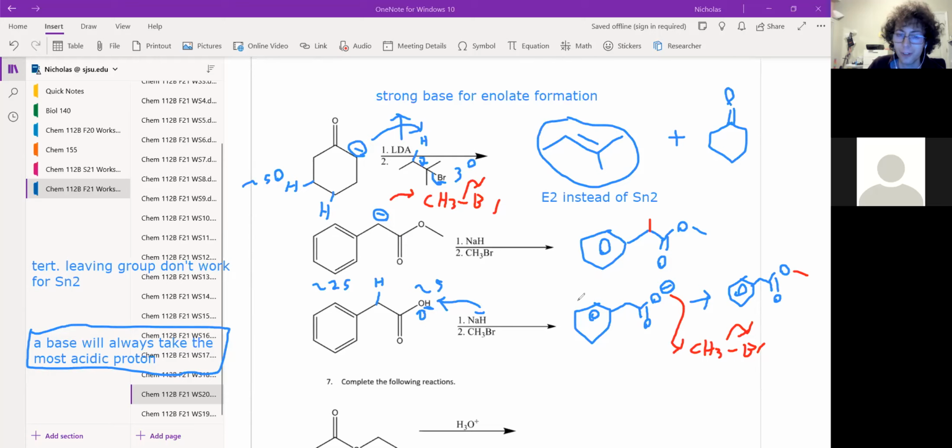Very different product, even though the structures looked similar, because it was a carboxylic acid that had a stronger proton. So just keep an eye out for misdirects like this, where it looks like it'll do one kind of reaction, but it does something else because of maybe a stronger acid or something like that.